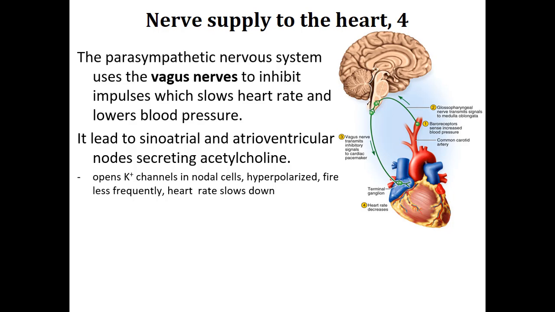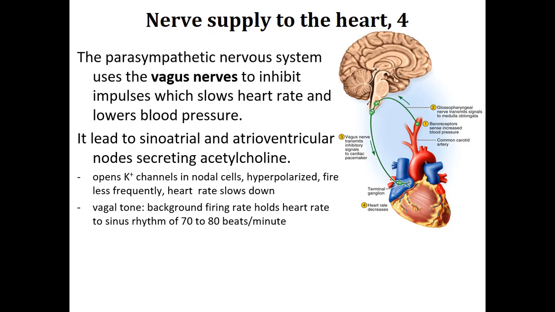The electrical signal is going to go up towards threshold. But when you have potassium going out, it's going to make it go down. It's going to make it hyperpolarize. So it actually fires less frequently, and then therefore if you have less frequent firing of the sinoatrial node, your heart rate slows, your contractions slow.